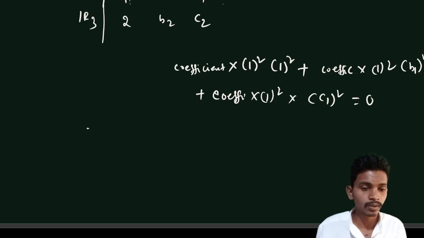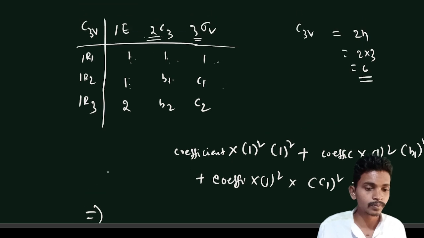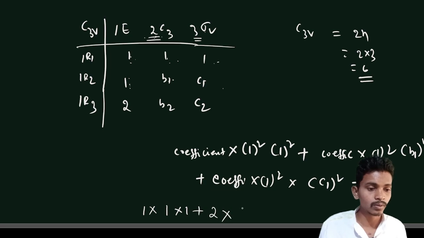If we write the coefficients: this is coefficient 1, so 1 times 1 squared, plus 1 squared, plus coefficient 2, so 2 into 1 into b1 squared, plus coefficient 3, so 3 into 1 into c1 squared, that has to be 0.